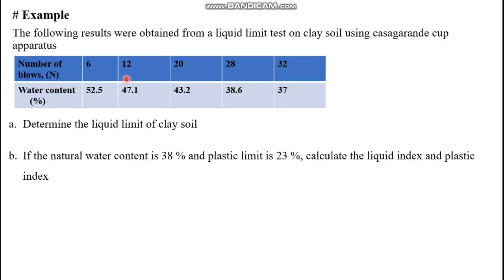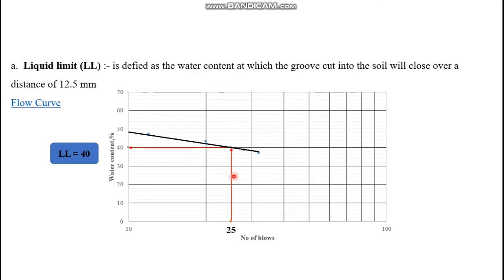So, using a semi-log scale with a logarithmic scale on the x-axis, we plot the number of blows, and on the y-axis, the water content. The points usually do not lie on a straight line, so we have to make a linear trend line. And using linear interpolation for 25 blows, we can determine the liquid limit.